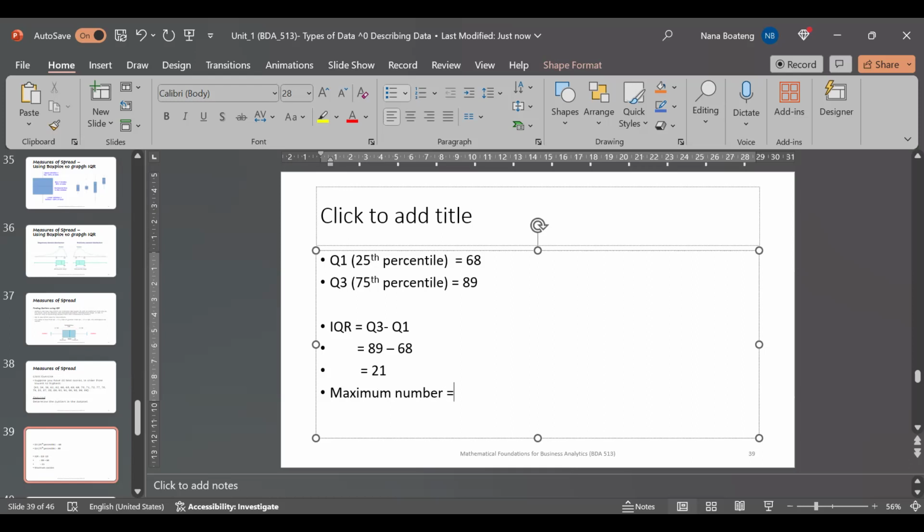So for us to calculate our maximum number, it is Q3 plus 1.5 times the interquartile range.